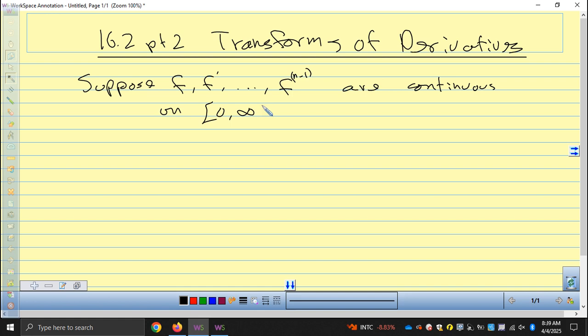So we have nice functions here. And the nth derivative is piecewise continuous on that same interval, 0 to infinity.